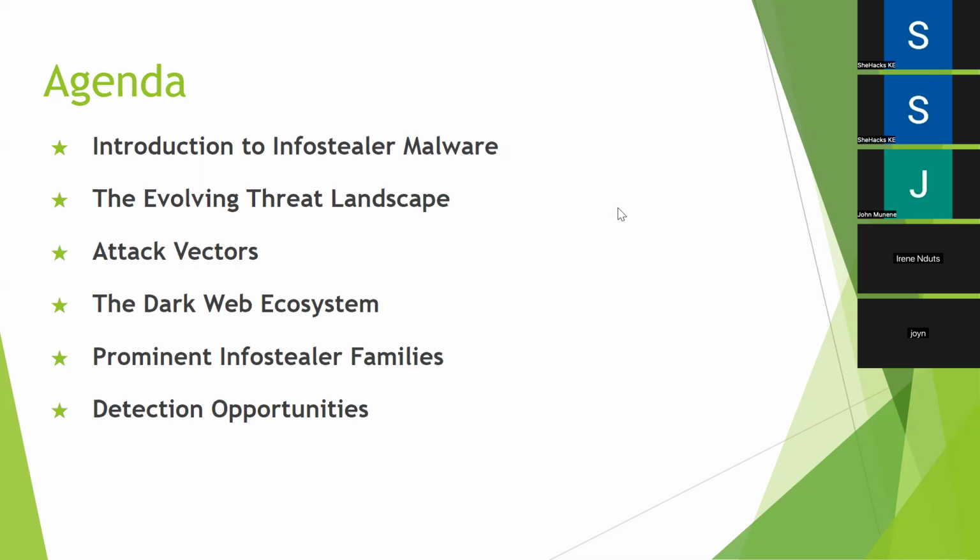Then we're also going to learn about prominent Infostealer malware families, and from a blue team point of view, we are going to look at the detection opportunities in the Infostealer threat landscape.